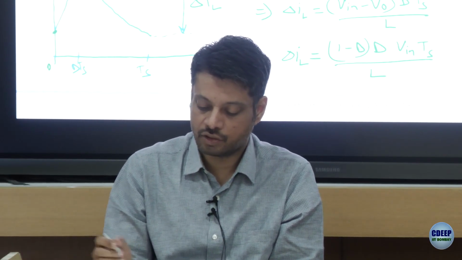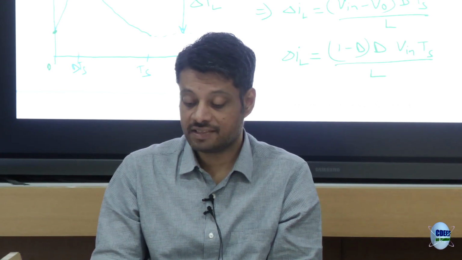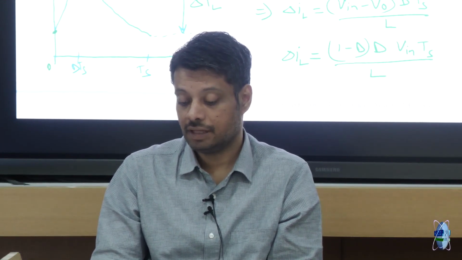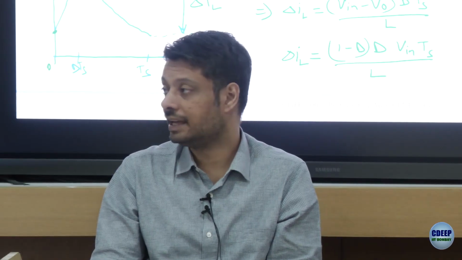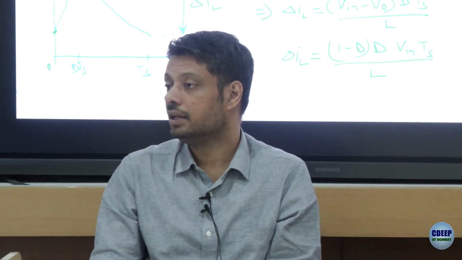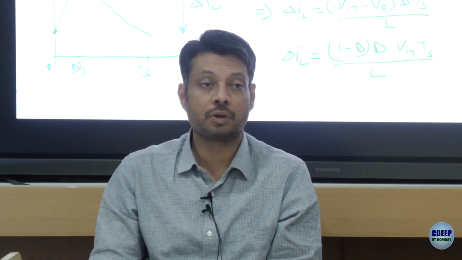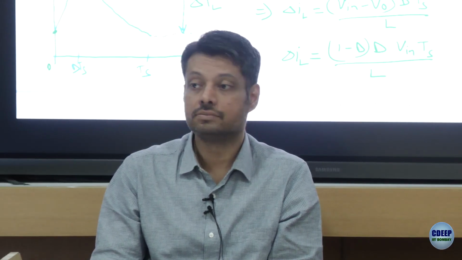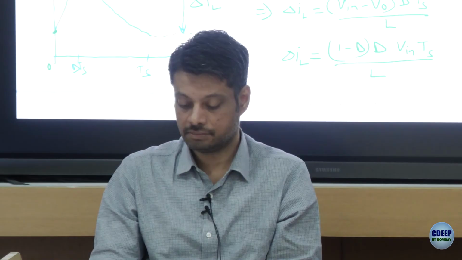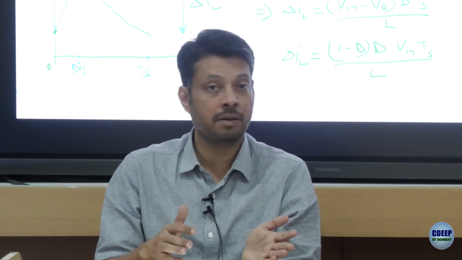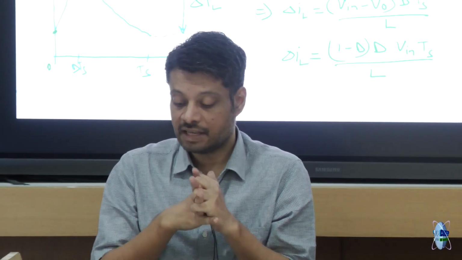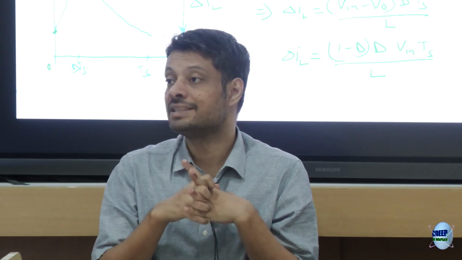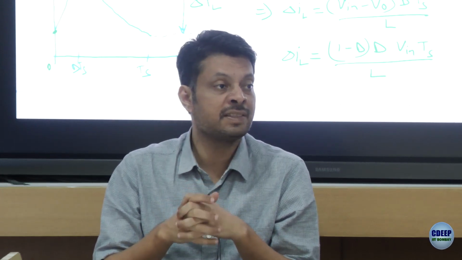Now if I may ask you, what is the effect of inductance L on the ripple? If I increase the inductance, what will happen to the ripple? It will decrease, right? If I make it double, the ripple will become half. What is the effect of switching frequency on the ripple?